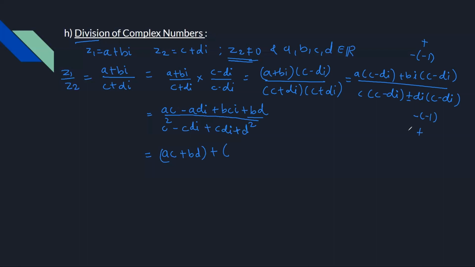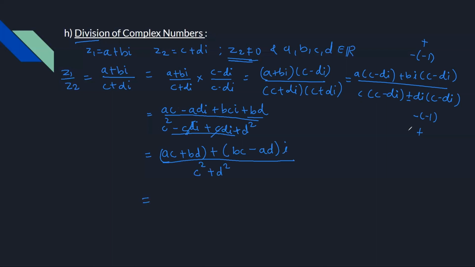So I will write it as bc minus ad, and i will be common. Got it? Whole divided by, now in the denominator, this is a positive term, this is a negative term, so these terms will get cancelled out. So the denominator will be c square plus d square.